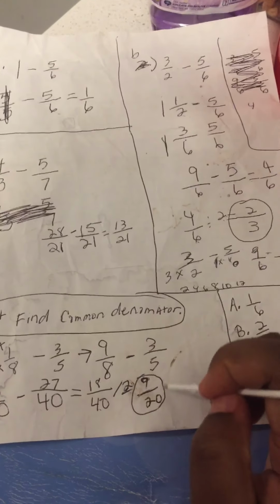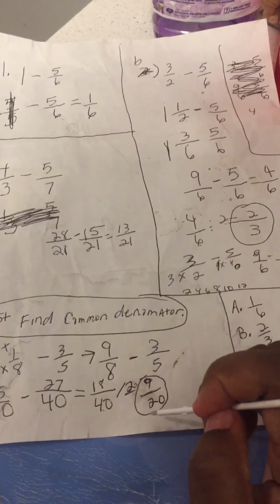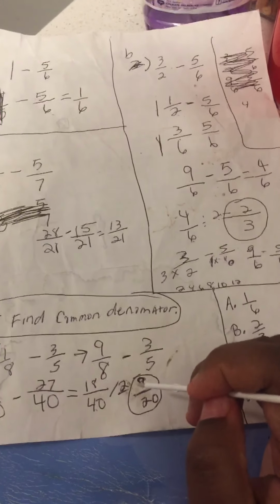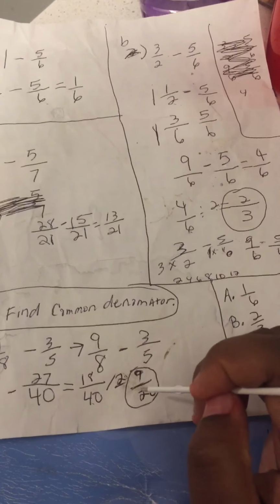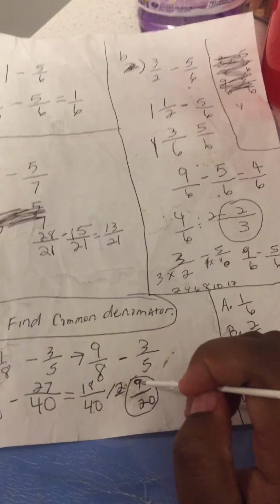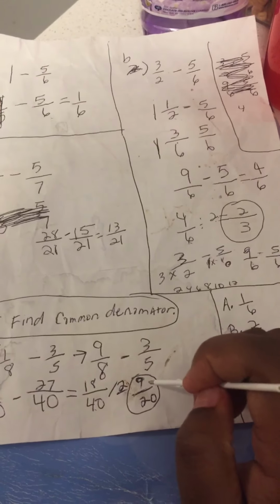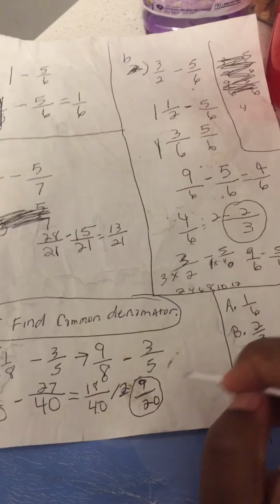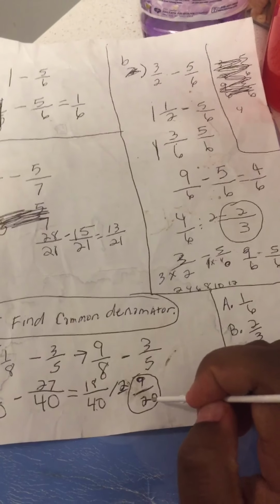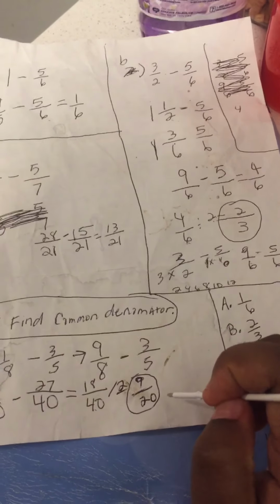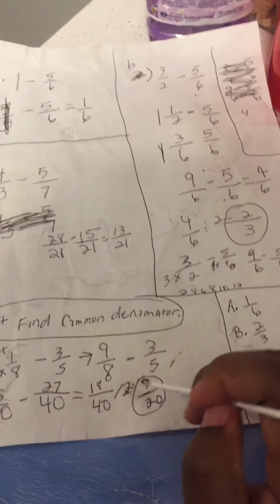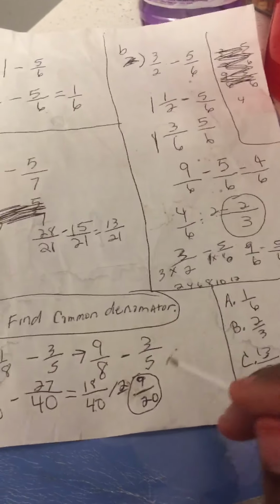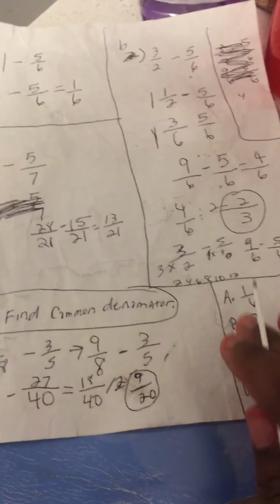So you can't go any farther with that because these two numbers don't have any multiples in common. 9 times 1 is 9, 9 times 2 is 18, and then 9 times 3 is 27. Then this one goes 20. 20 times 1 is 20, 20 times 2 is 40. So they never meet in between each other. So that's the least common denominator for both.